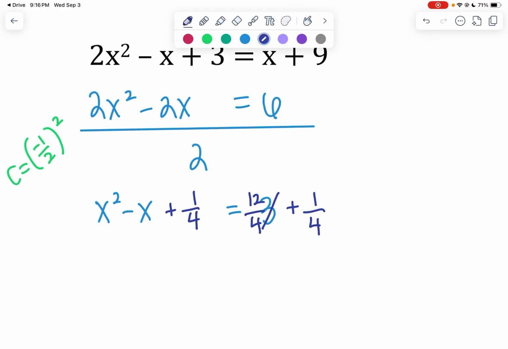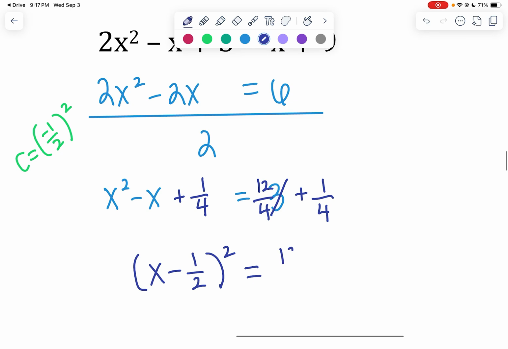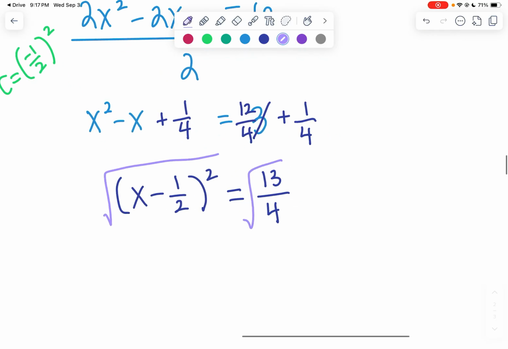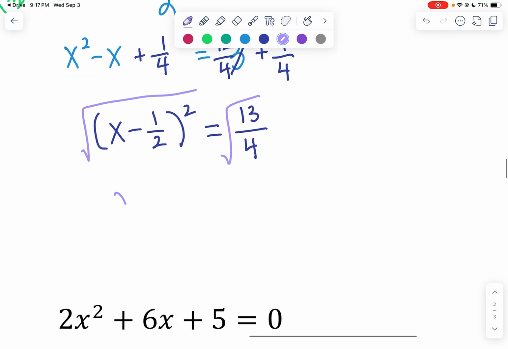So now this is going to factor to be x minus 1/2 squared. That goes back to over here, right? Equals 12/4 plus 1/4 is going to be 13/4. And now I'm going to square root both sides because I can. That's part of why I turned it into a perfect square trinomial, okay? So this is going to be x minus 1/2.